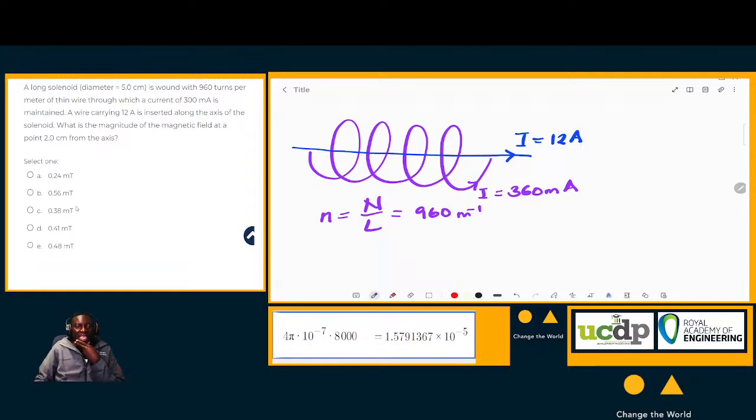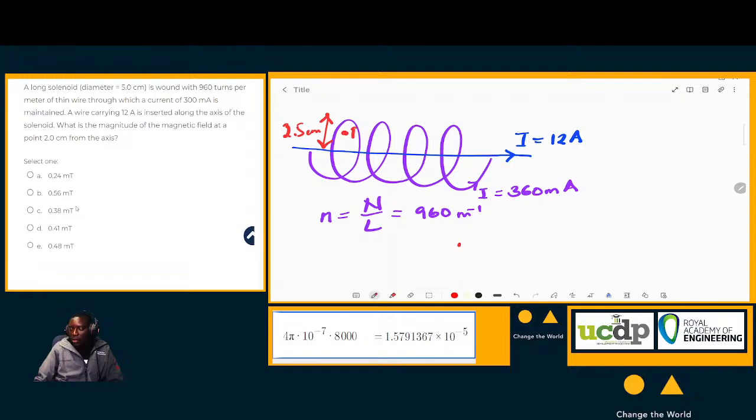Then the other given information is the diameter is 5 centimeters, which means the distance from the axis to the wire that makes the solenoid in this case is 2.5 centimeters. And we want to find the magnetic field at a point 2 centimeters from the axis.